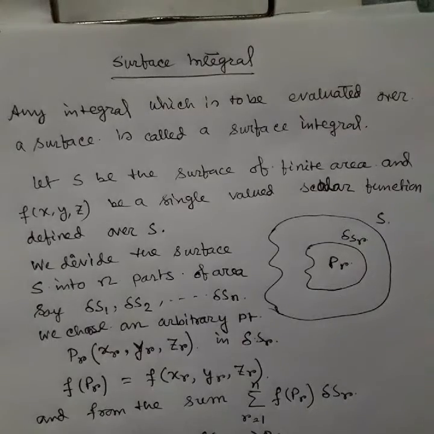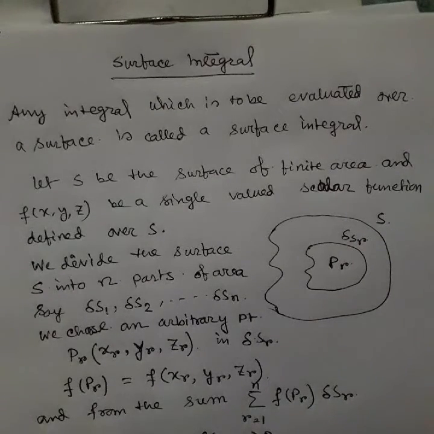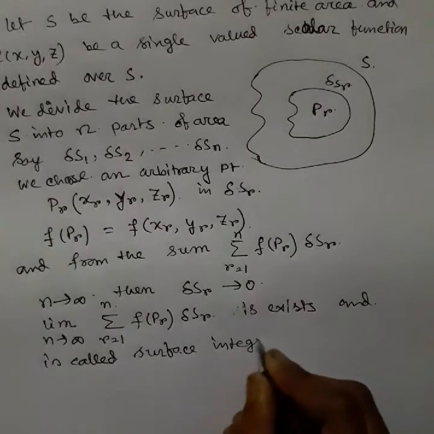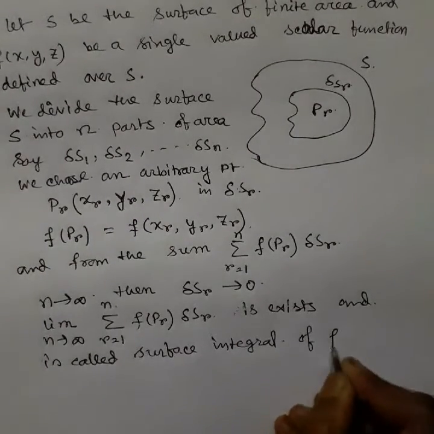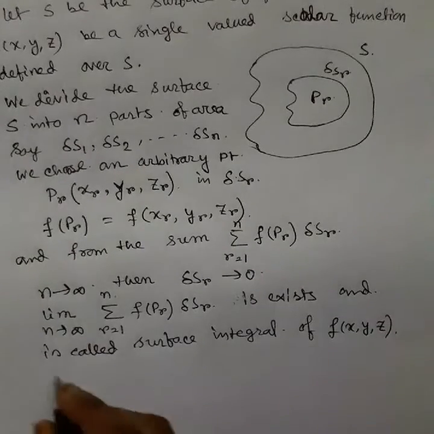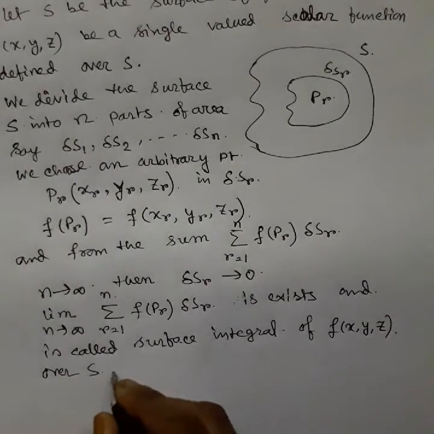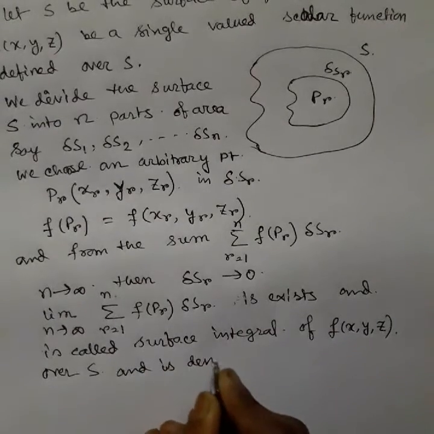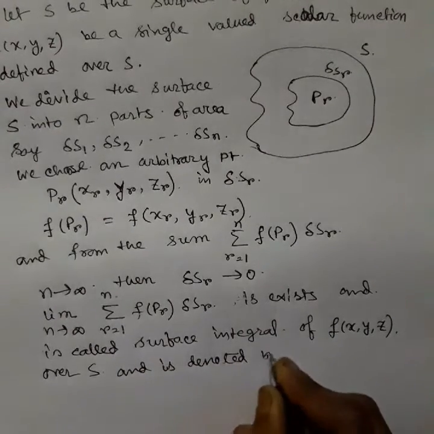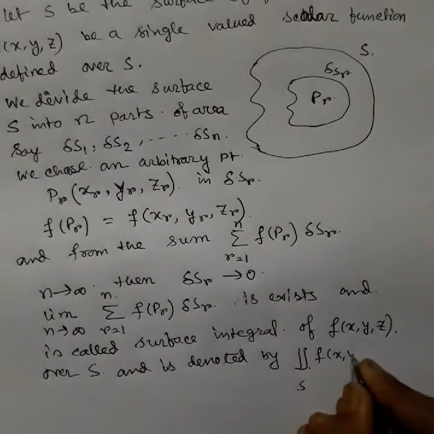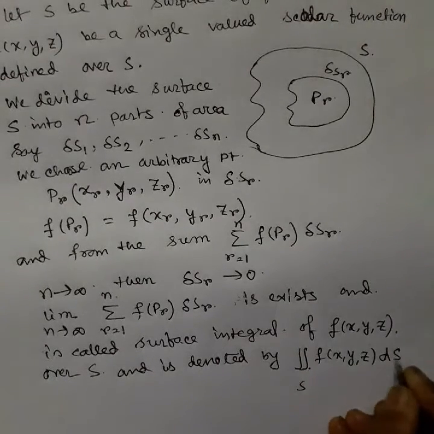and is called the surface integral of f of x, y, z over S and is denoted by double integration over S f of x, y, z dS.